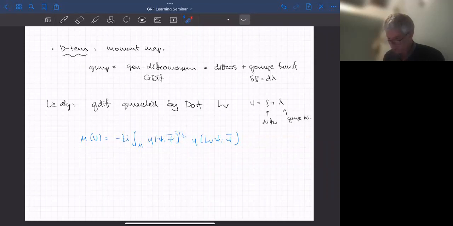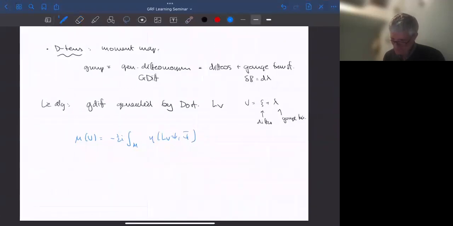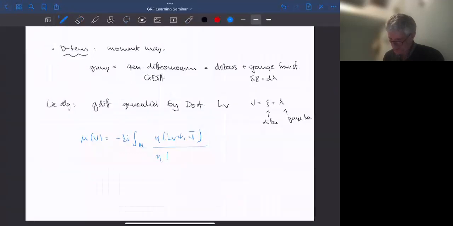So I can integrate it over the manifold. Maybe it might be better to write it as this divided by this thing.